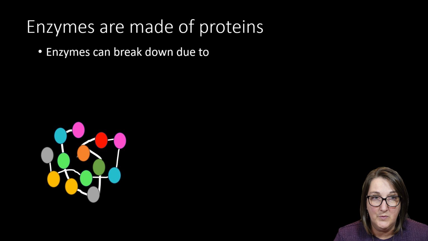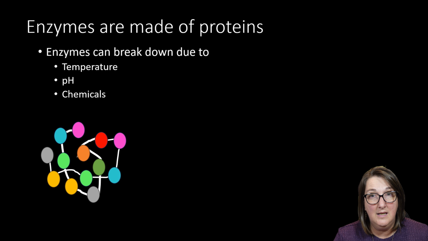Enzymes are made of proteins, remember, and enzymes can break down due to certain things. One can be temperature, it can be pH, it can be chemicals. So remember, these proteins are folded very specifically. Remember those R groups, those side chain interactions are going to cause this to come together. If I have an increase in temperature, an increase or decrease in pH, or chemicals come in, we call it denature.